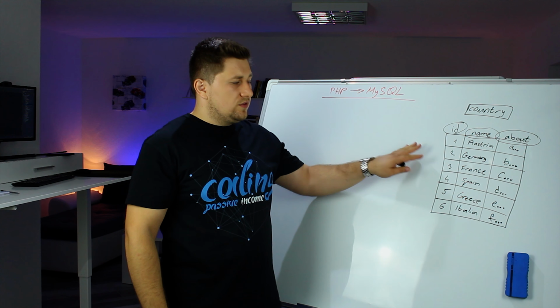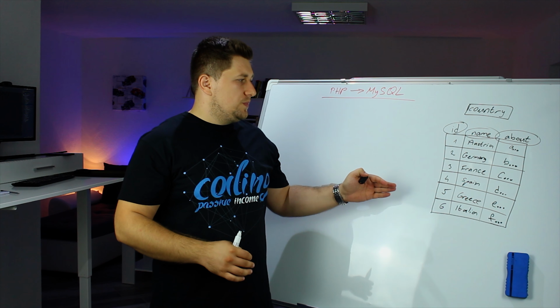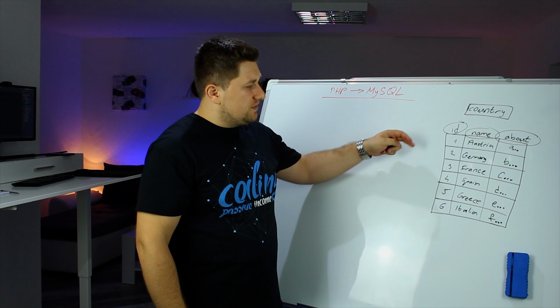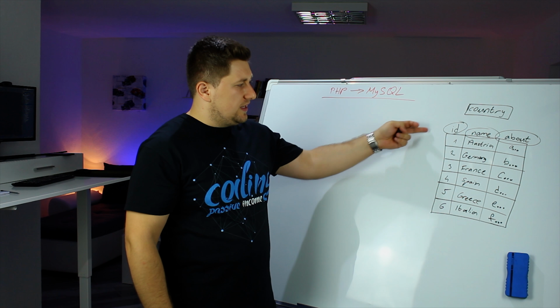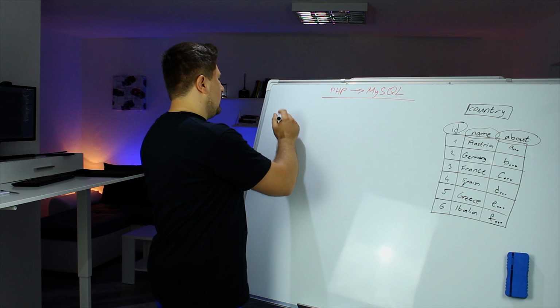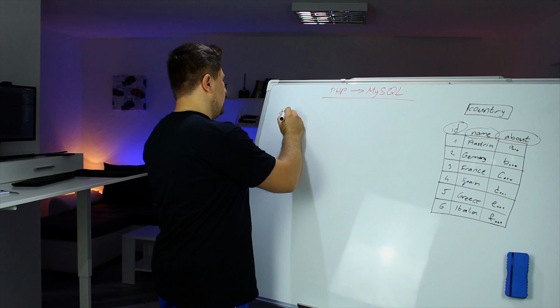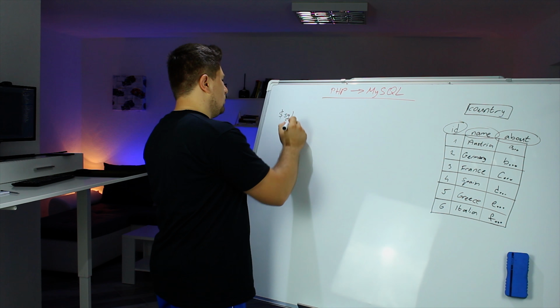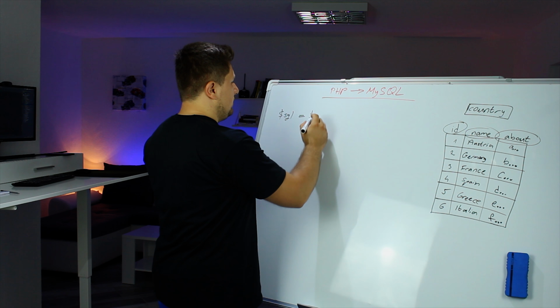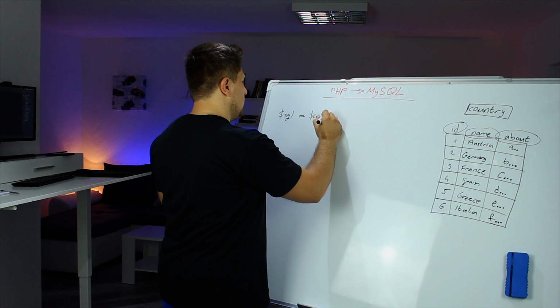The first thing we need to do from PHP is write an SQL query that will position ourselves on this table. Let's say we will have one variable, SQL, equal to, and let's say here we have some connection variable.